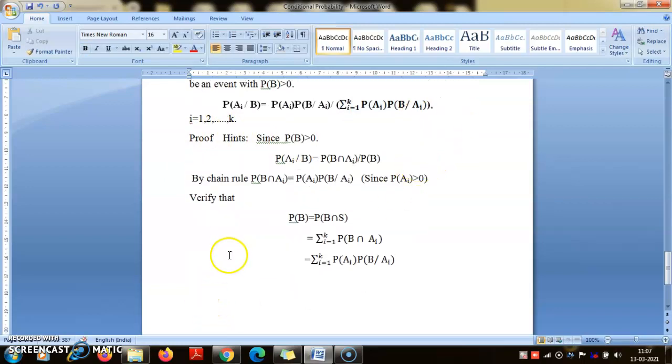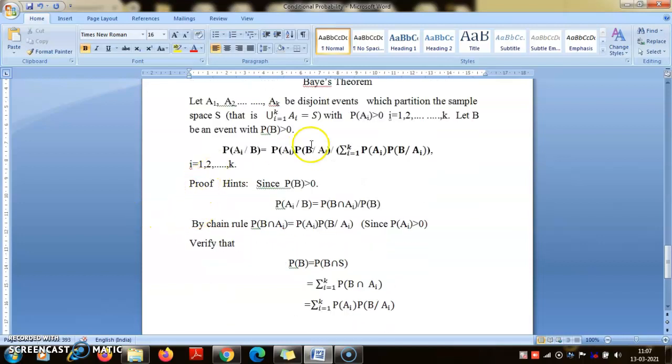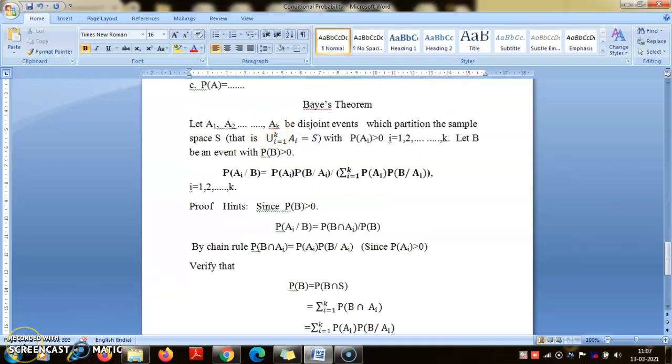Just one more remark: Ai given B is called the posterior probability. So we are computing the posterior probabilities using the Bayes theorem.